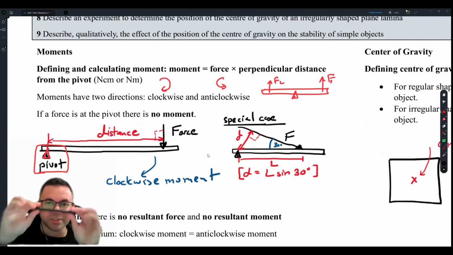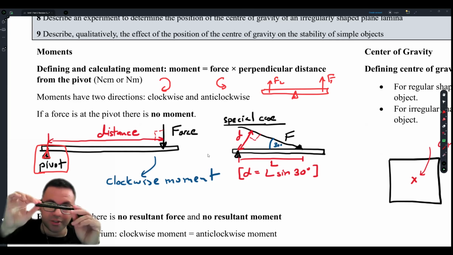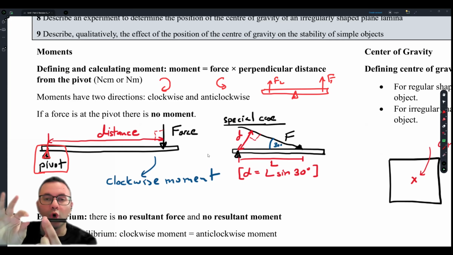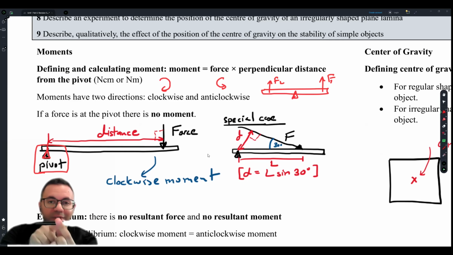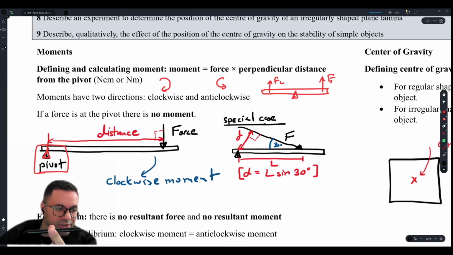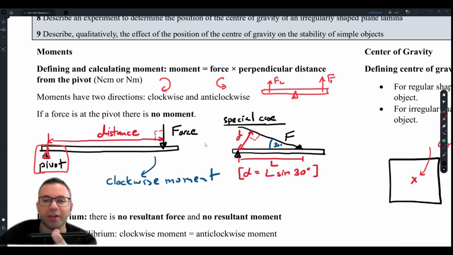What I want you to do is take your pencil or pen, put it on top of the sheet of paper, hold it with one of your fingers where the pivot is, and then give it a shot, try to apply a force to see how F1 and F2 will make this thing rotate. So F1 is on the right side, pushing up, so it goes anti-clockwise. All right. F2 is on the left side, pushes up, so it goes clockwise.